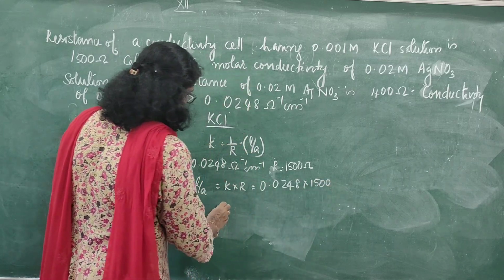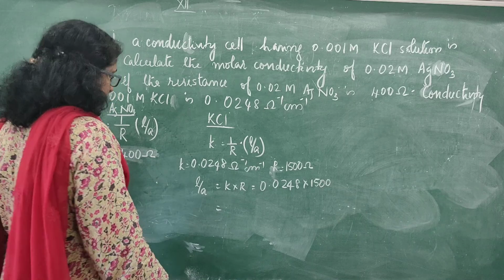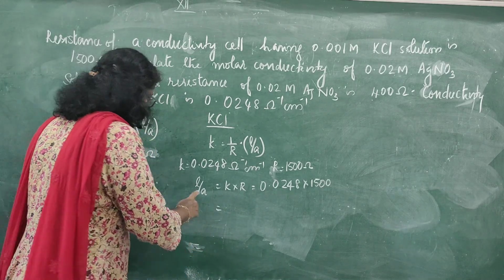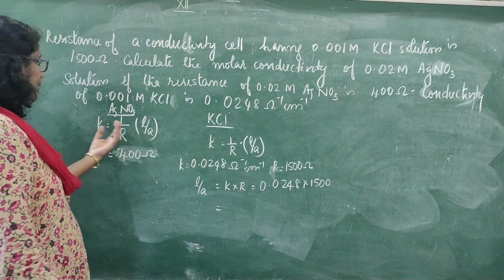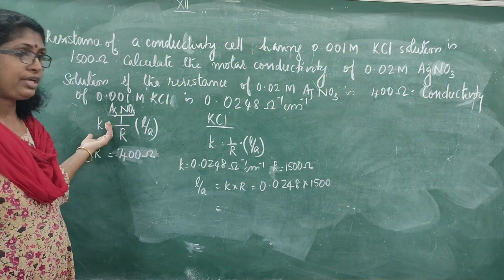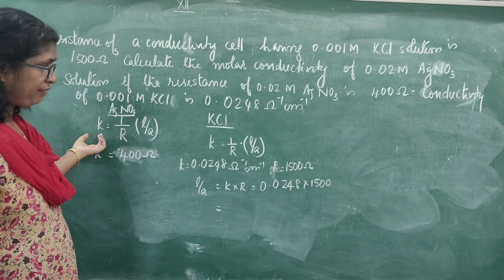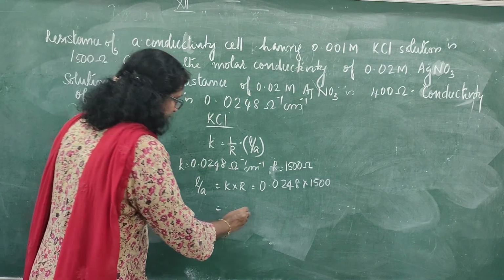Then you will get the cell constant. Then using this cell constant, you can calculate the conductivity of AgNO3 solution.